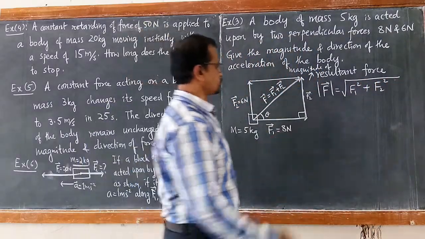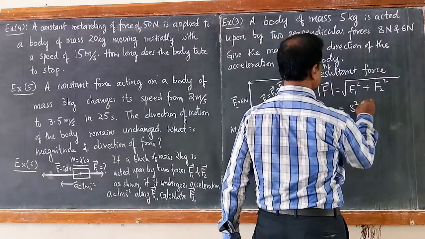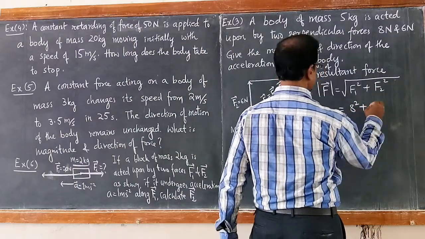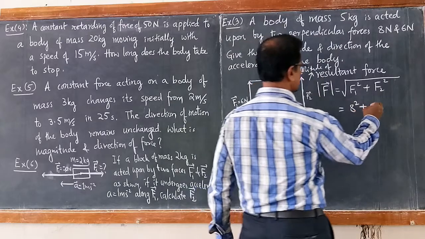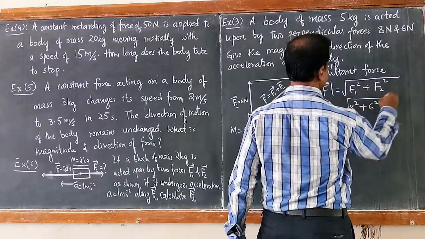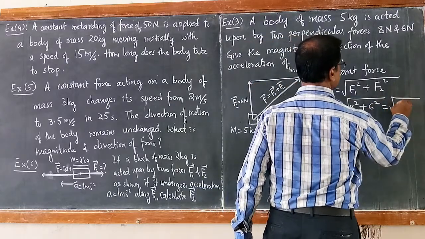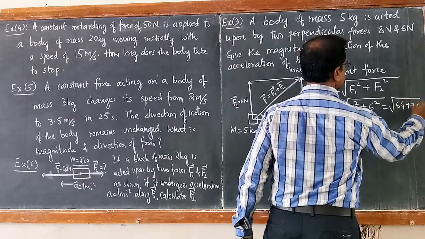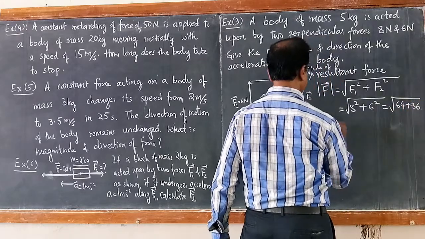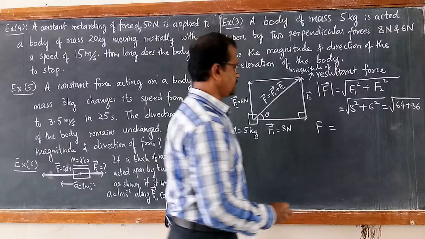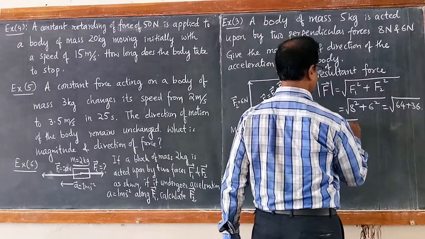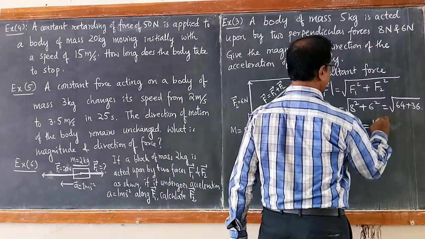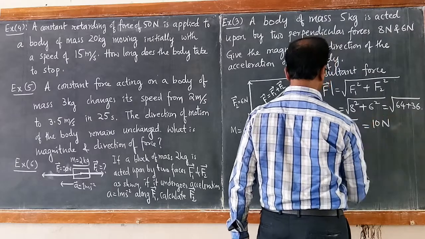Simple. 8 square becomes 64 and F2 is 6, 6 square becomes 36. So square root of 64 plus 36. Thus magnitude of force F becomes square root of 100. Very simple. 10 Newton. So this is the magnitude.